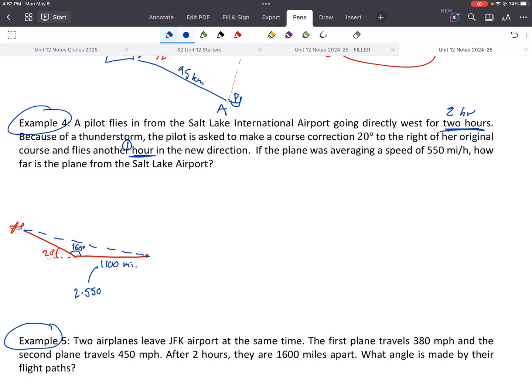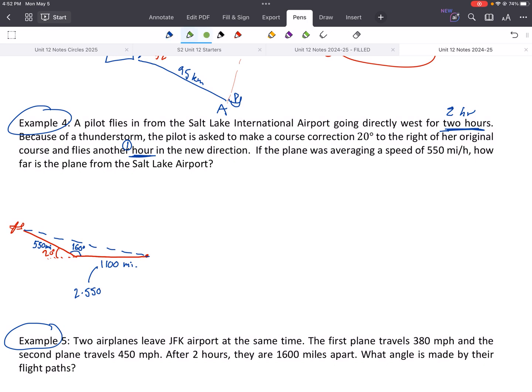And then it turned 20 degrees and it went for another hour. So this would be 550 miles. Okay, that's probably in the middle of the ocean right now, though. I don't know how accurate this is at the direction going from Salt Lake City, but that's not really the main idea here. Okay, anyways, sorry.